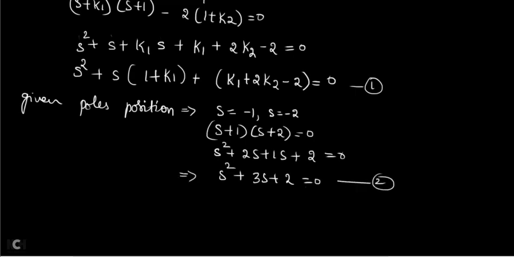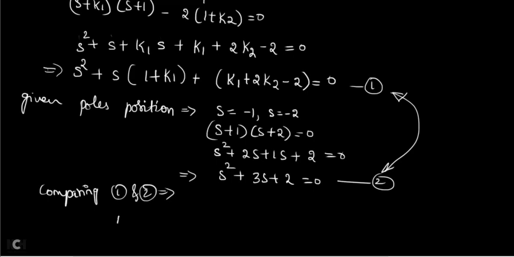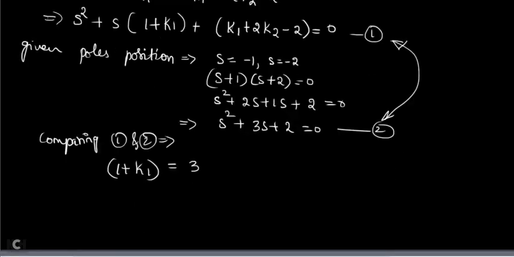Actually you should get this, but you are getting the design equation. Can I compare equation 1 and 2 so that I will get the answer for K1 and K2? Yes. Comparing equation 1 and 2, you get 1 plus K1 is equal to 3, and one more equation, K1 plus 2 K2 minus 2 is equal to 2.